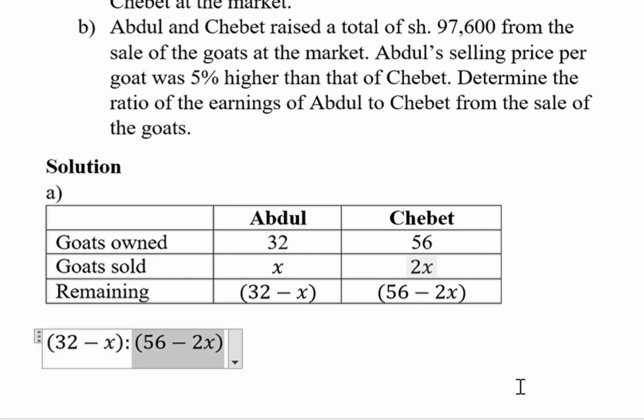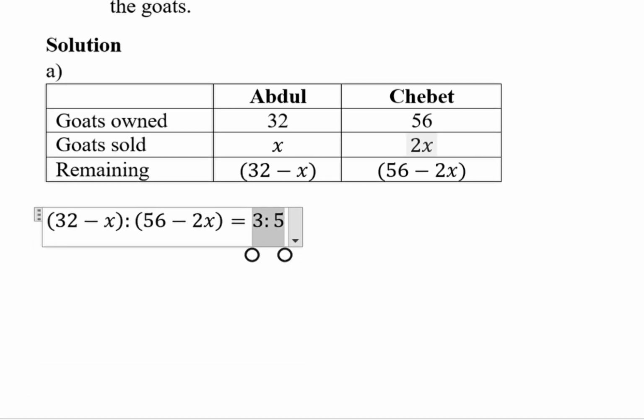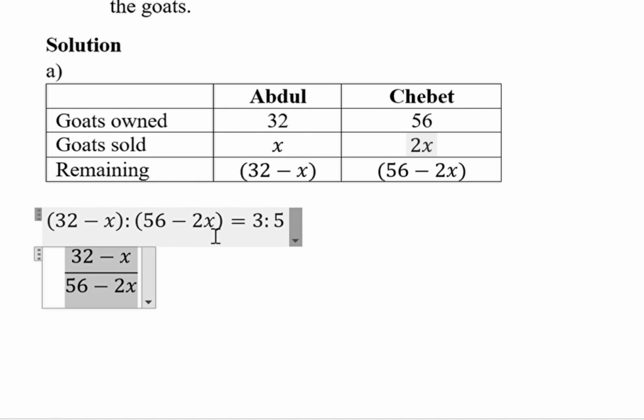Now we want to come up with the algebraic equation and then we solve. So we shall say this divided by this should be equal to this divided by this, so that (32 minus X) over (56 minus 2X) should be equal to 3 over 5.